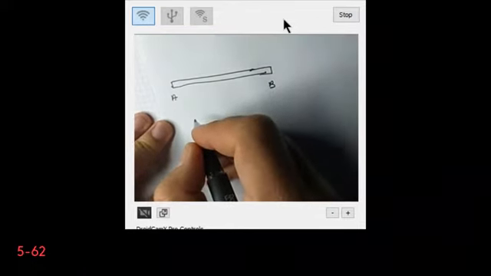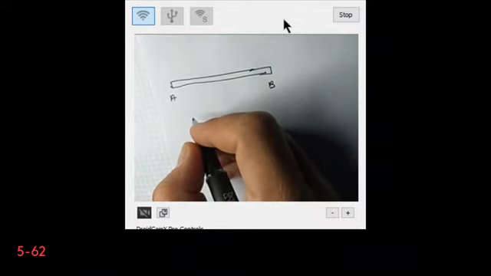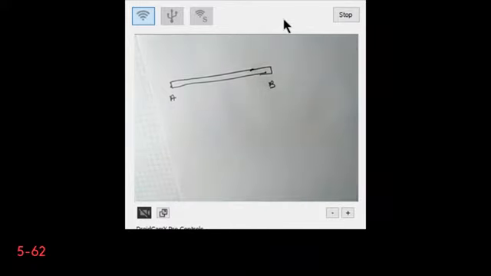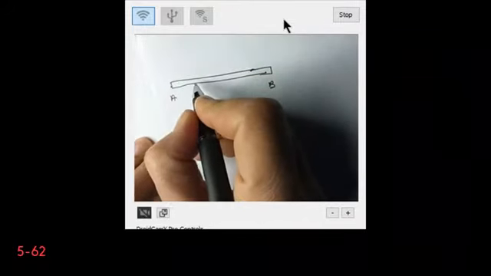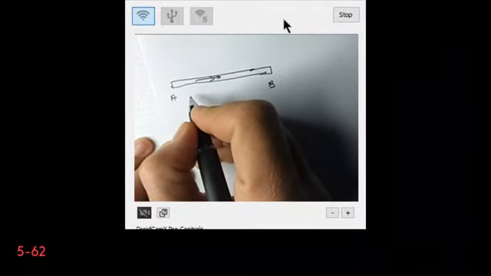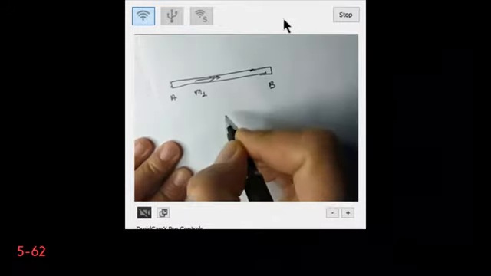So next, we have the moment, which is 300 millimeters away from the point A, and this moment is towards the right hand side according to the right hand rule. I will call this moment M1.